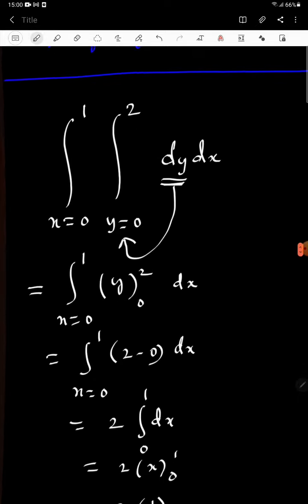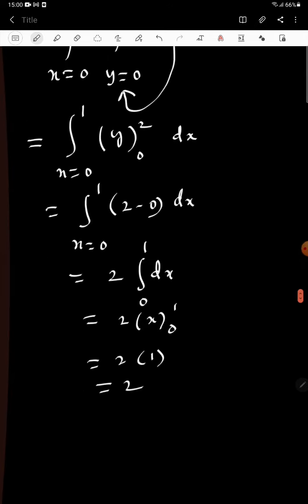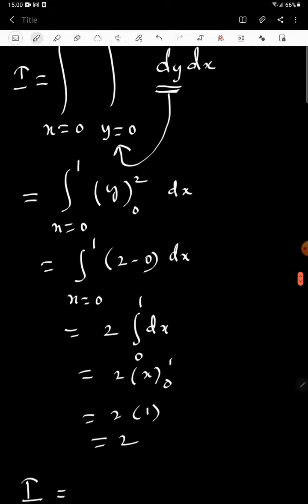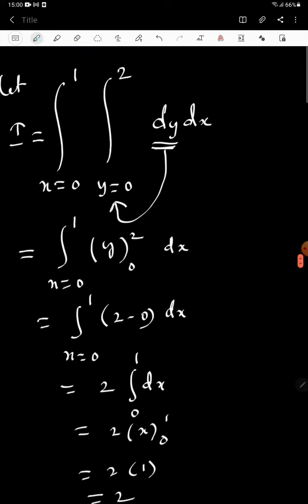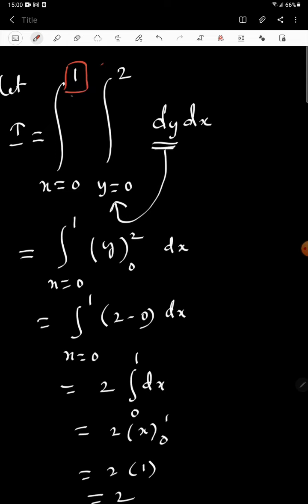But one suggestion to you is that for this particular integral, let I be equal to this one. Because the limits are constants, be careful, I'm saying one very important point here: all the limits are constants, no limit is a variable.